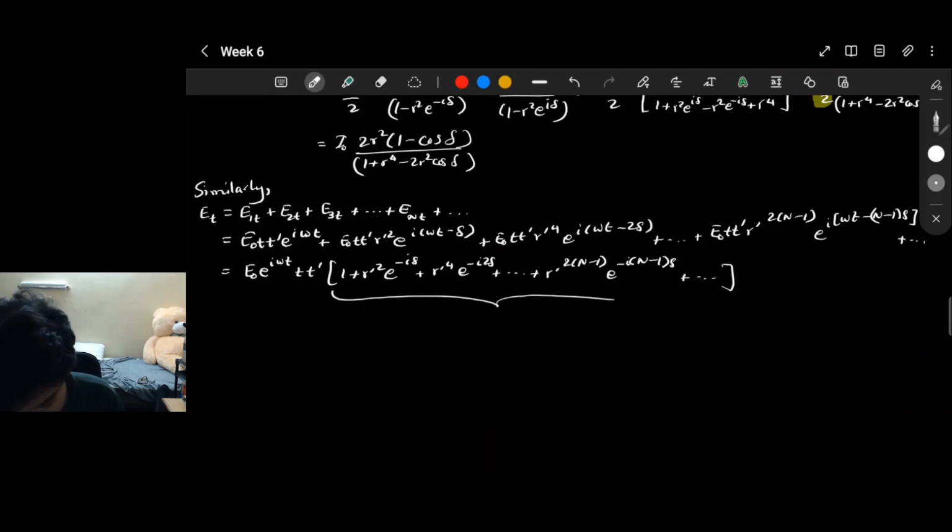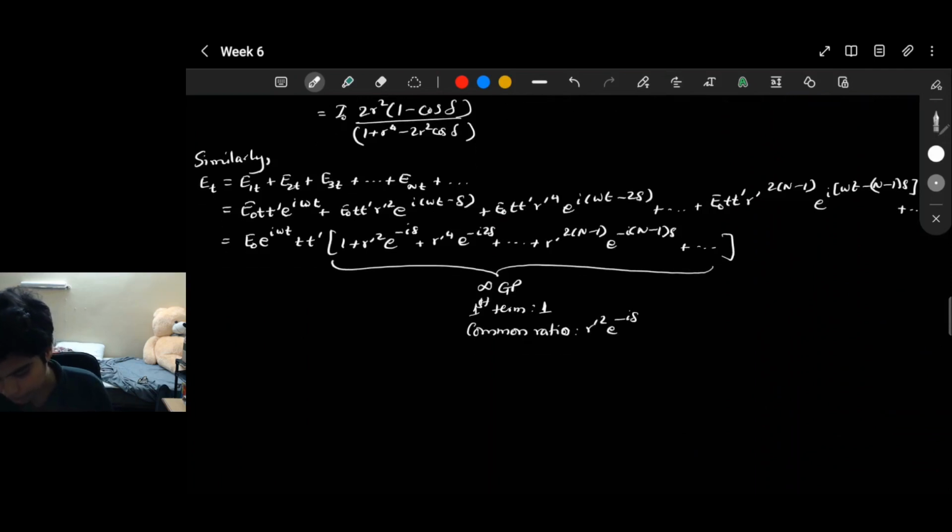Once again, this is an infinite geometric progression with the first term equal to 1 and common ratio of r prime squared e to the power minus i delta.